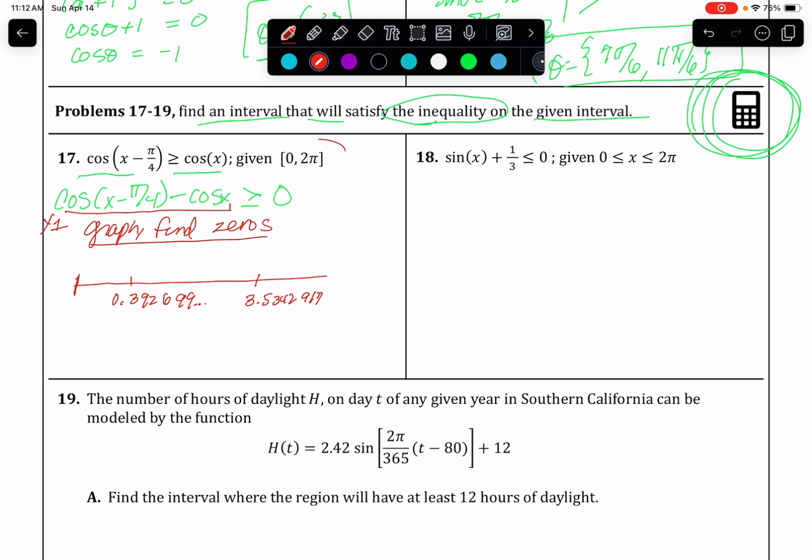And we're going from 0 to 2 pi, so we stop there. It's negative before that zero, and then positive, and then negative after. So where is it greater than 0? It would be in the interval from here to here. So that's the interval 0.393, we're rounding, to 3.534.